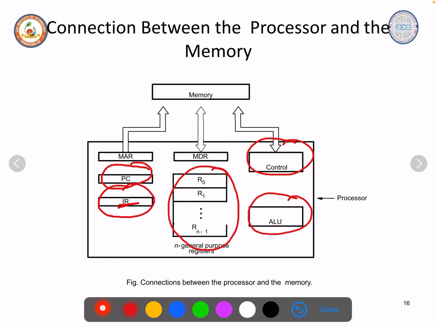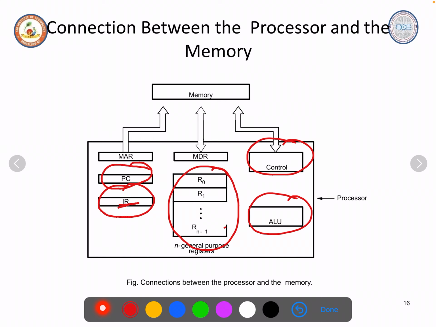During the execution of an instruction, the contents of PC will be updated to correspond to the address of the next instruction to be fetched. Now coming to the n general purpose registers that you have, from R0 to Rn-1, all these will be seen in the following slides.